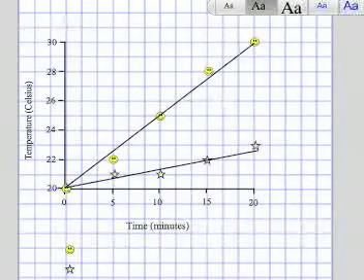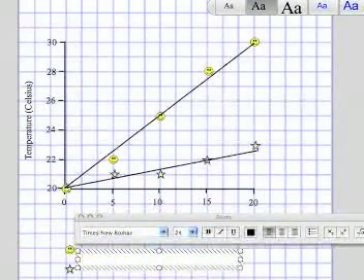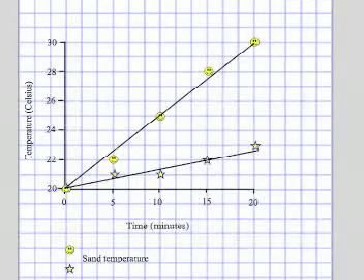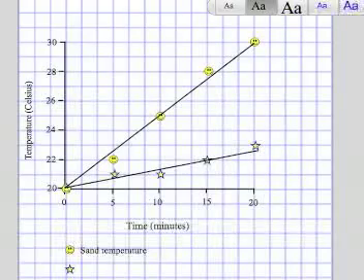In this case, the sand is represented by the smiley faces. And the star points, of course, mark the water temperatures.